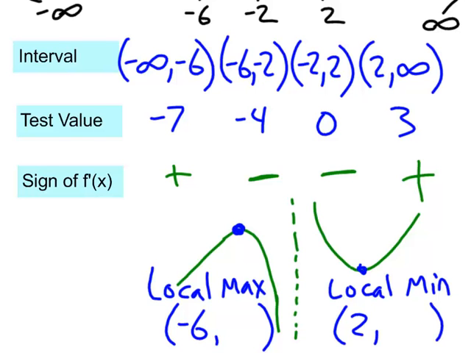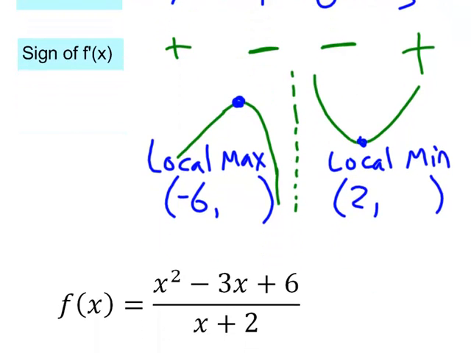And if I bring my original function back up here, I could plug in the x values, the -6 for example, into this function, and I would get my y value, which turns out to be -15. And same deal with the 2 over here. I could plug that in and get a +1 there. And those are our extrema.